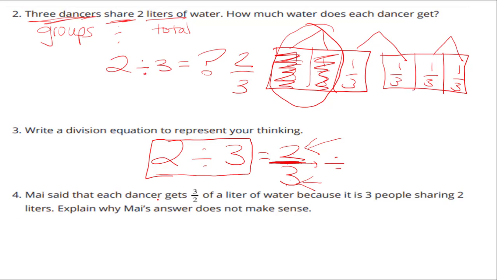Okay, let's look here. Ma said that each dancer gets 3/2 of a liter of water because it is 3 people sharing 2 liters. Explain why Ma's answer does not make sense. Okay, so sharing means divide. So let's see if she did it right. 3 people are your what? Those are my groups.